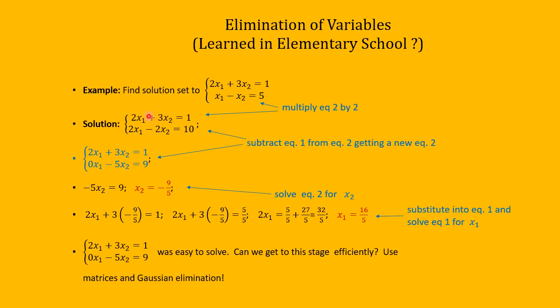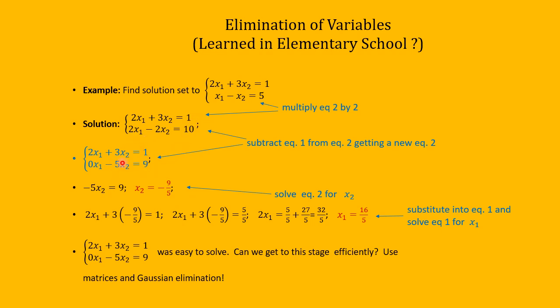If we subtract the second equation from the first equation, let's see what happens. 2x sub 1 minus 2x sub 1 is 0x sub 1, 3x sub 2 minus minus 2x sub 2 is 5x sub 2, and 1 minus 10 is minus 9.